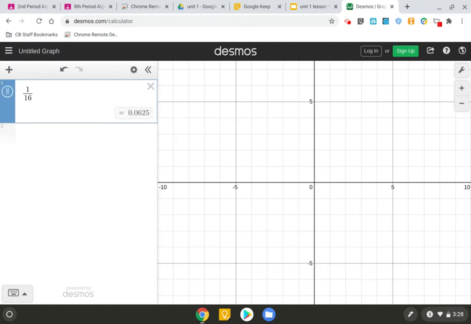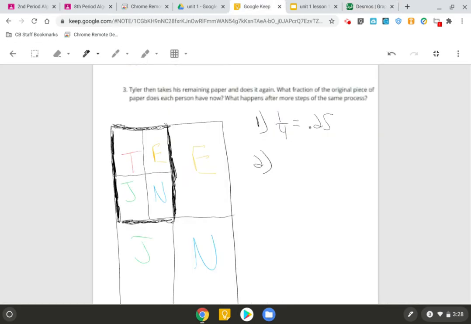So Tyler has 1/16 of the original piece of paper because he took his quarter and cut that into quarters. So again, the decimal was 0.0625.